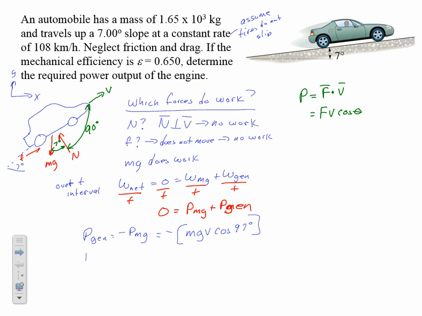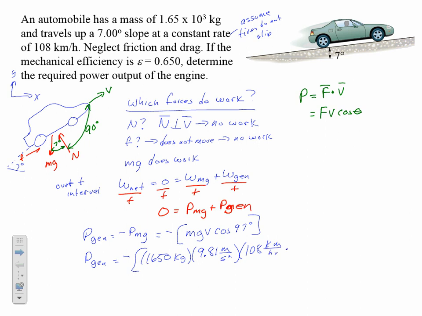All right, so my power generated then is going to look like negative my mass, 1650 kilograms, times g, 9.81 meters per second squared, times my velocity, which was given as 108 kilometers per hour, but I need to convert that to meters per second.